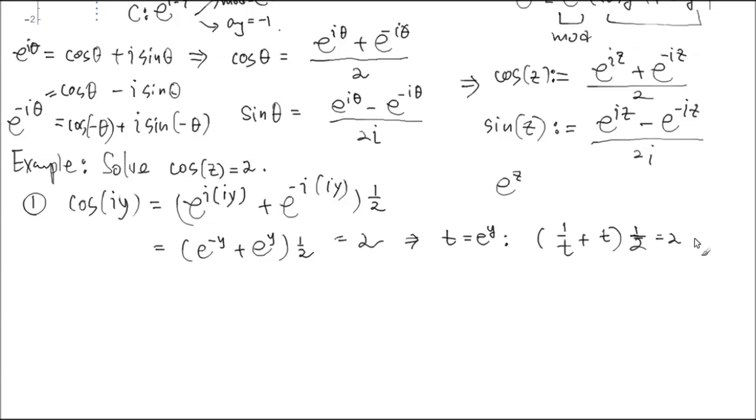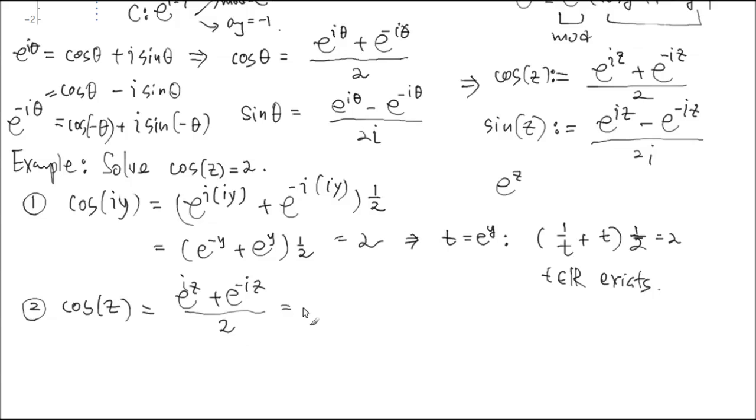Hope t is going to be a real number, right? Because t is supposed to be a real number. So t actually exists in the real numbers. But number two, why are we doing it like this? We can just always start with cosine z, look at e to the iz plus e to the negative iz, divided by 2, and set it equal to 2, right?